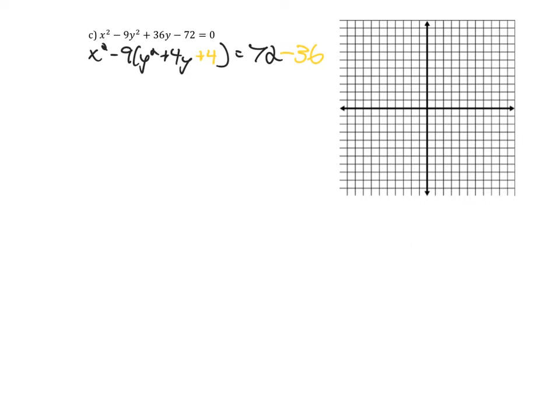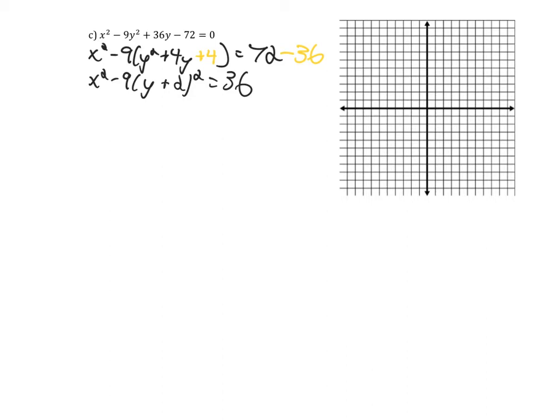So if I rewrite this, I'm just left with x squared minus 9 times y plus 2 squared equals 36.